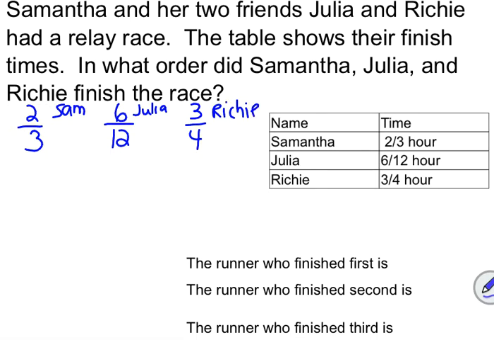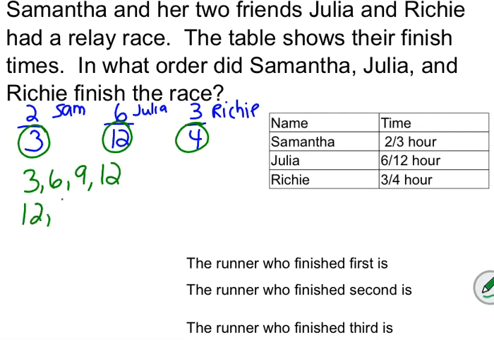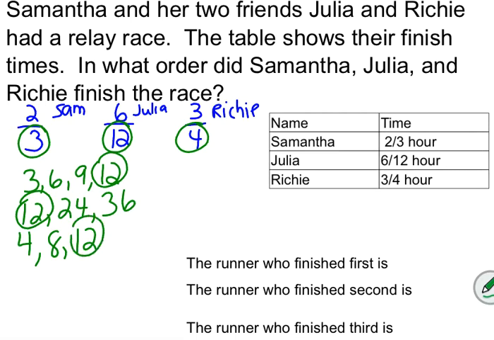So I'm going to start out by finding common multiples. I'll list the multiples of 3, the multiples of 12, and the multiples of 4. And again, in this case, it's 12ths. The LCM is 12, right? So I know 6/12 is going to stay the same.